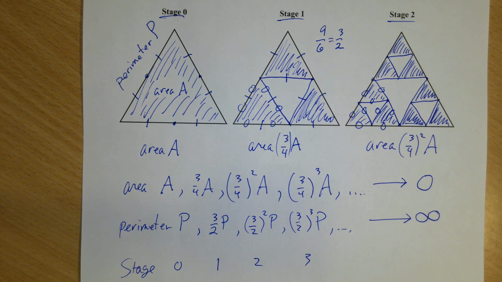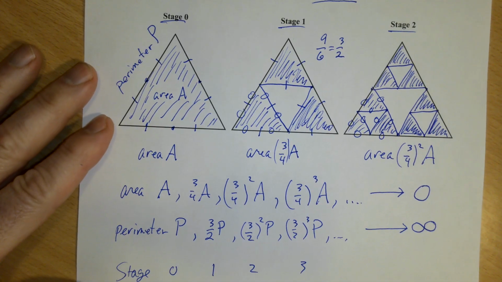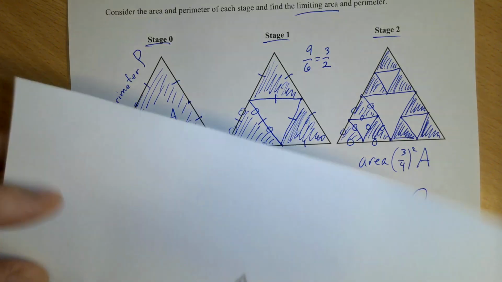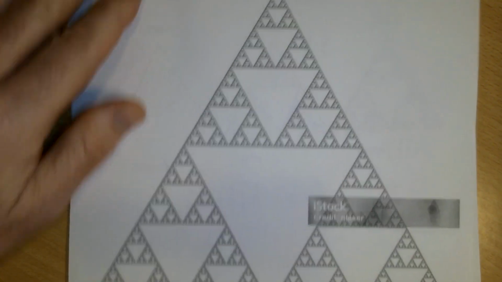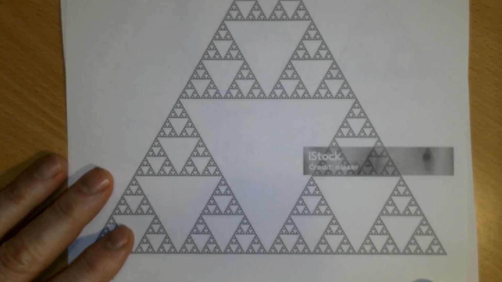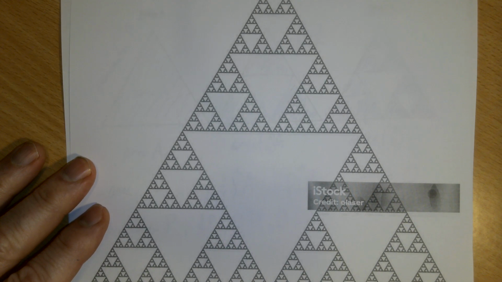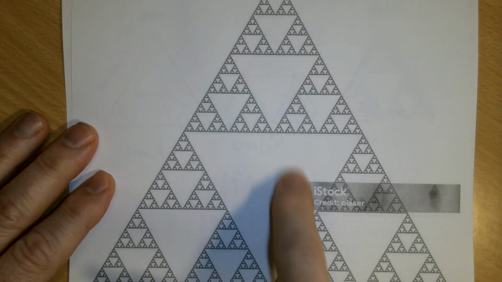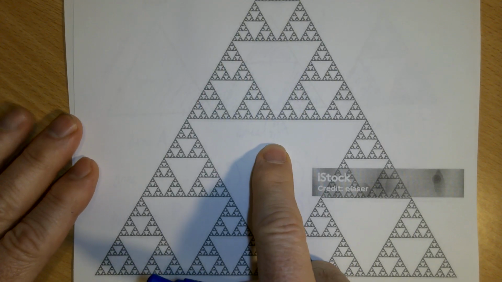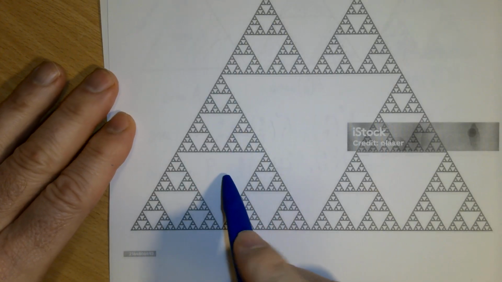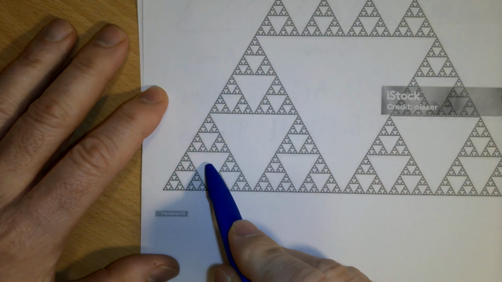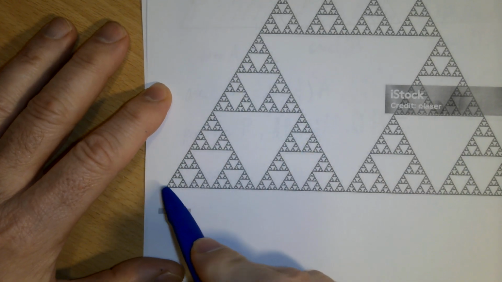approaches infinity. Now I printed out a picture of the Sierpinski triangle after, I'm guessing, 8 or 9 stages. As you notice, we removed this triangle, and then we removed this triangle, and then we removed this one, this one, this one, this one.